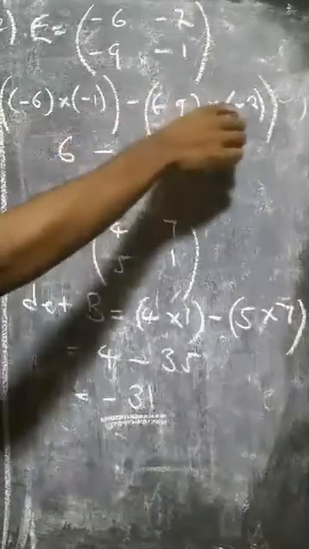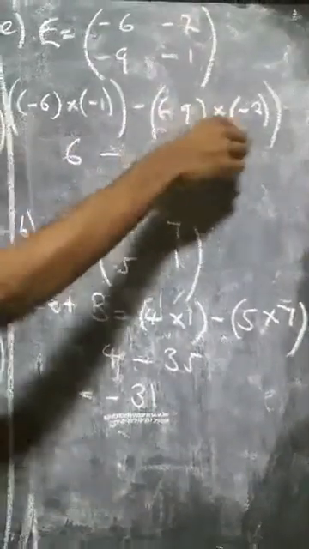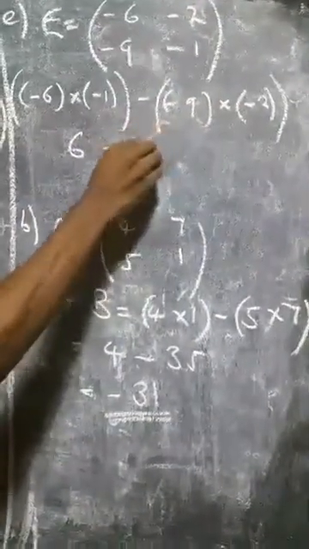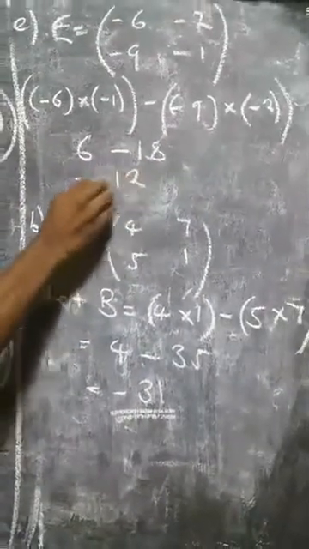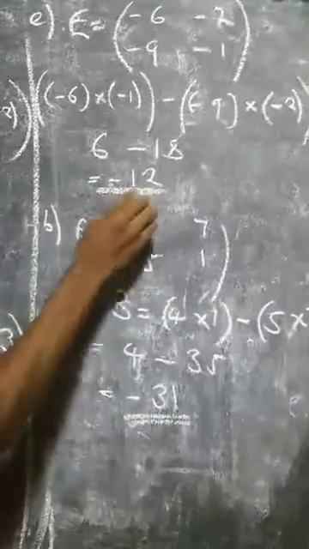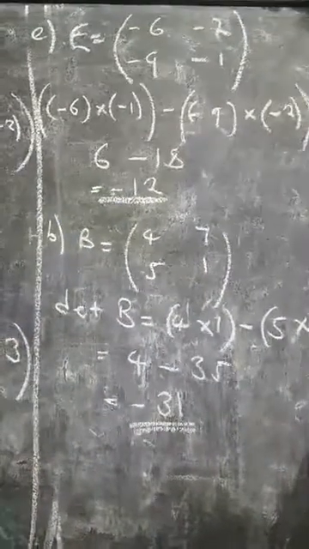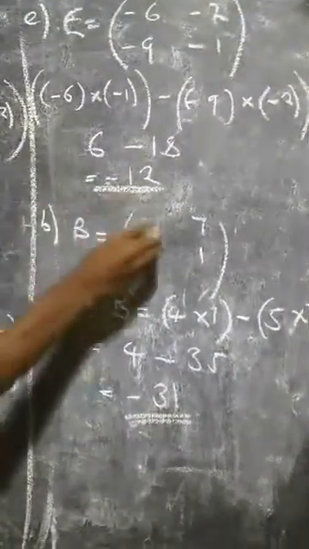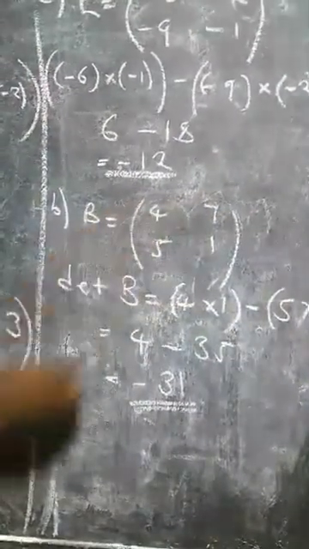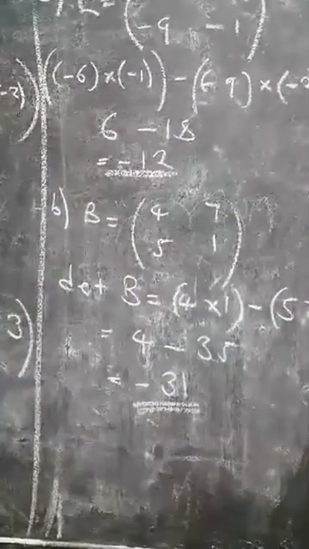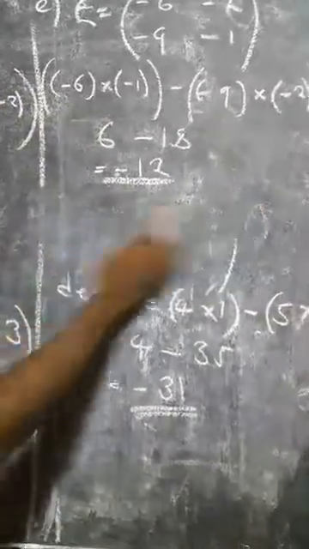Minus negative by negative is positive, 9 by 2 is 18. So 6 minus 18, that's negative 12. Like I said, 6 steps to your right and 18 to your left, you end up at negative 12.